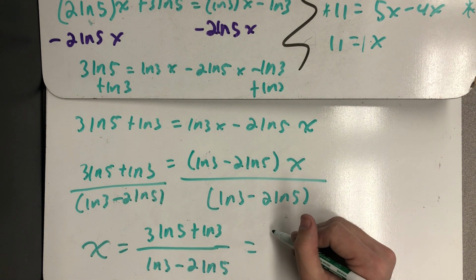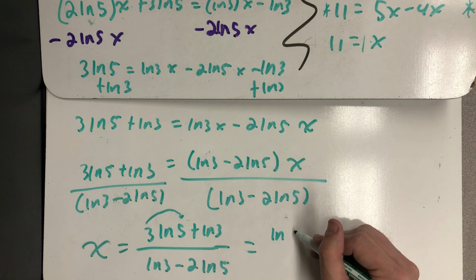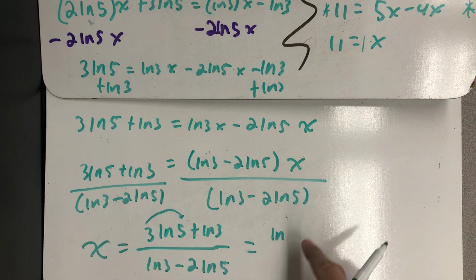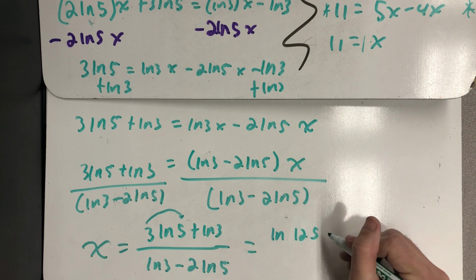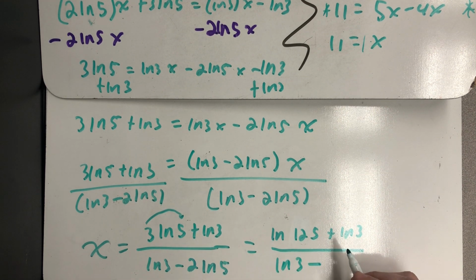But sometimes if you're doing the homework, they might ask you to simplify. So what I'm going to say is we could rewrite that 3 as an exponent. So that's natural log of 5 to the third. Well, 5 to the third is 125. Plus the natural log of 3. All over the natural log of 3 minus the natural log of 25, right?